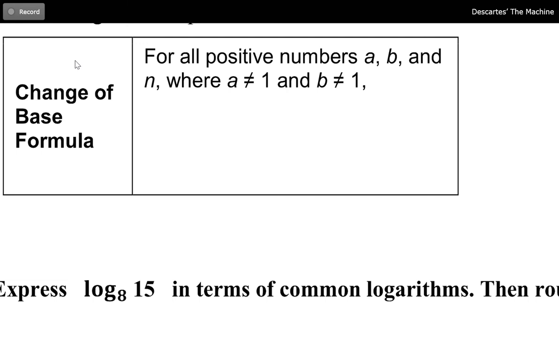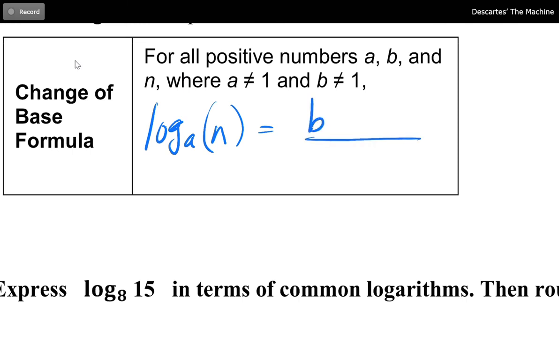It says if I have a log of some base A of some power n, I can convert that into a fraction of 2 different logarithms. Log of a new base, I wrote the B instead of log because that's the base.